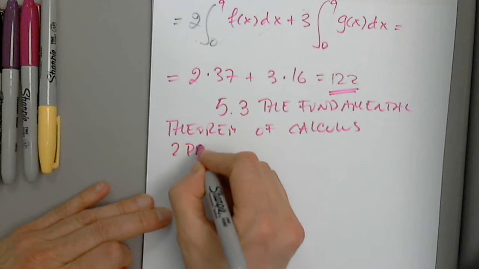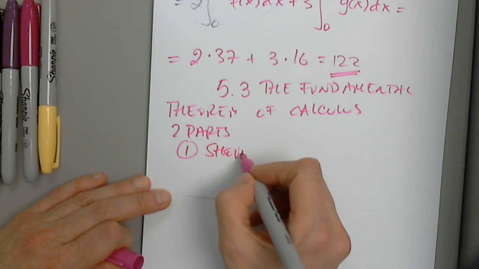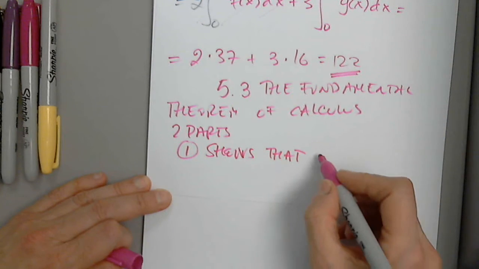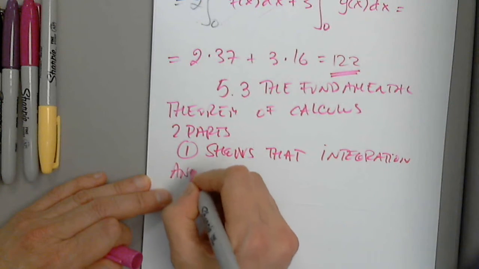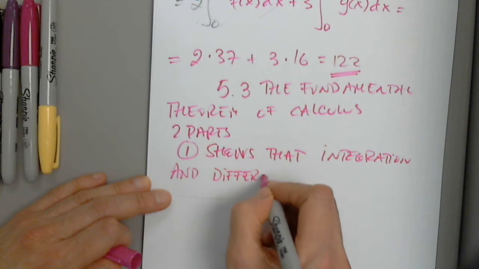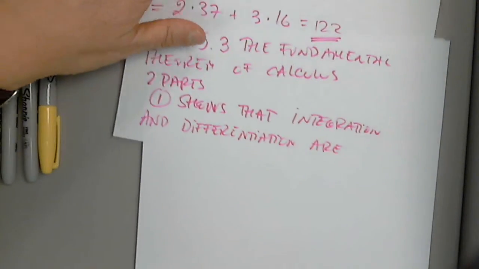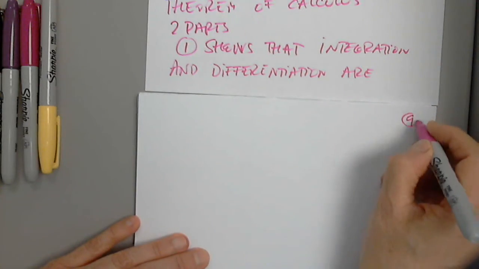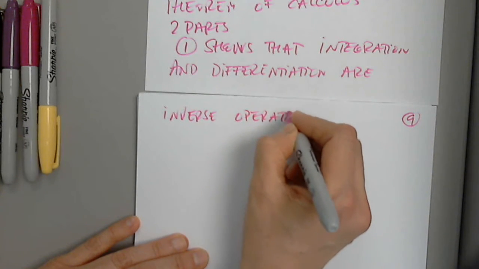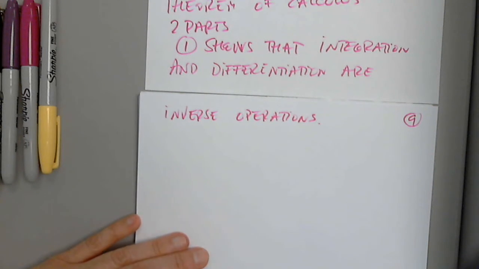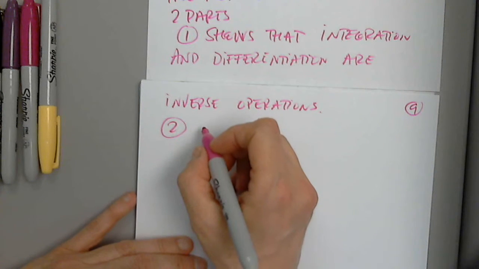Part 1 shows that integration and differentiation are inverse operations, and we will illustrate that. And number 2, we will start with part 2. It teaches us how to calculate.